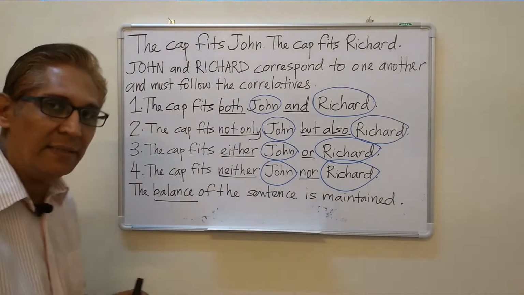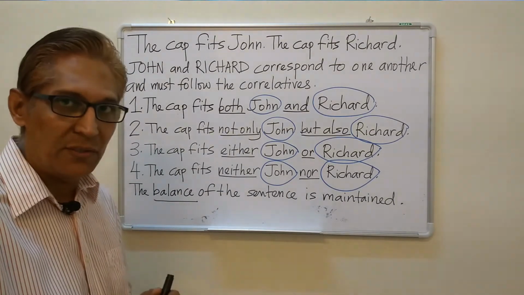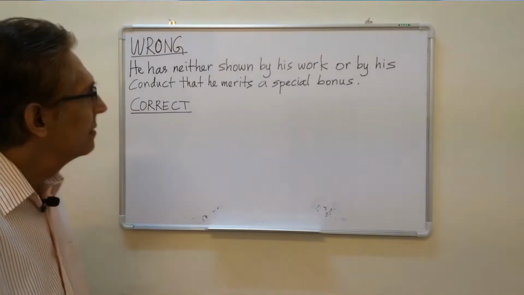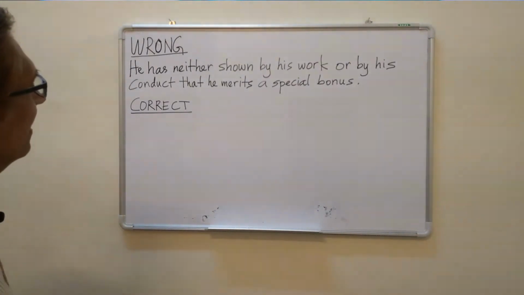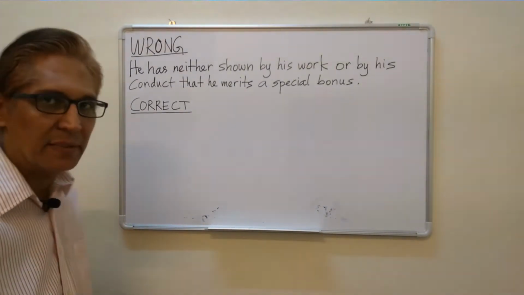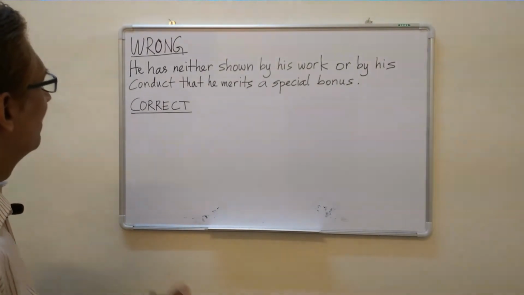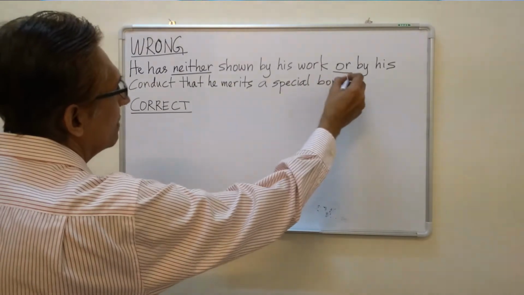Now we will proceed to discuss further about the use of correlative conjunctions. Now look at the example on the board. This sentence is wrong: He has neither shown by his work or by his conduct that he merits a special bonus. What are the correlatives? The correlatives here are neither or.